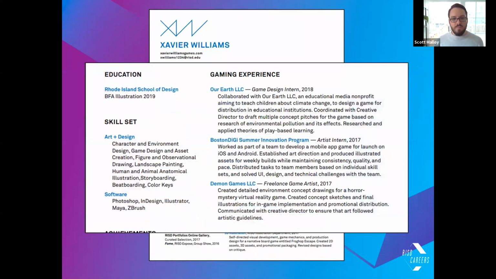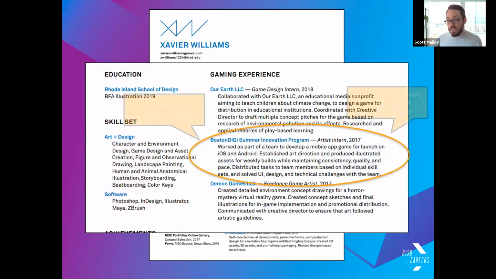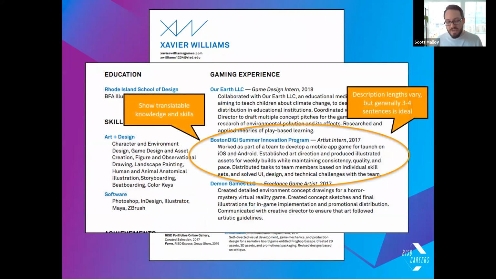Beyond that, as we zoom in, you want to consider what am I actually saying? How am I describing this experience? And I think the key thing here, there's no perfect length, or magic bullet exactly for how to do this. But there are some things to keep in mind. The key thing is you want to use these descriptions as a way to show translatable knowledge and skills. If we read this, and I'm not going to read the whole thing, but I'll pull out a couple things.